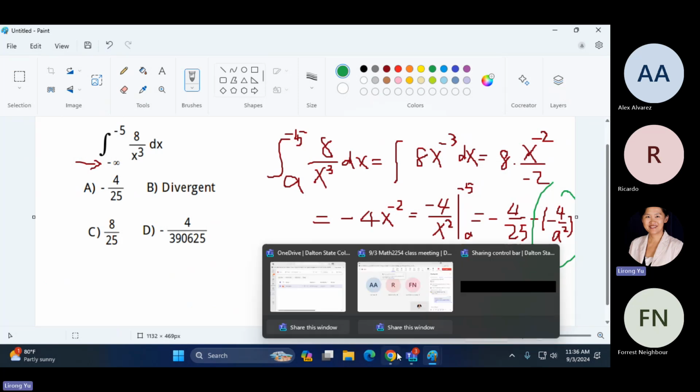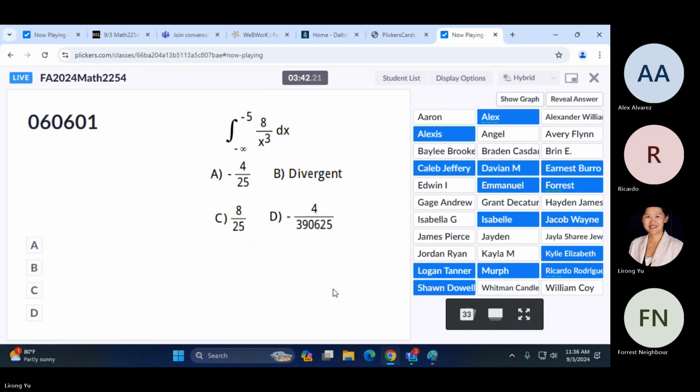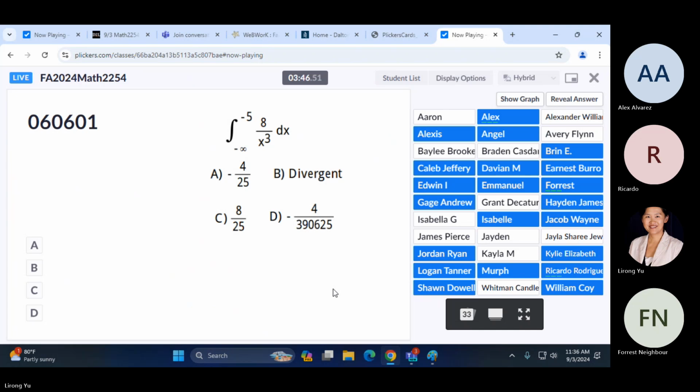That's the process. This is similar to most of the questions that we had in 6.6.